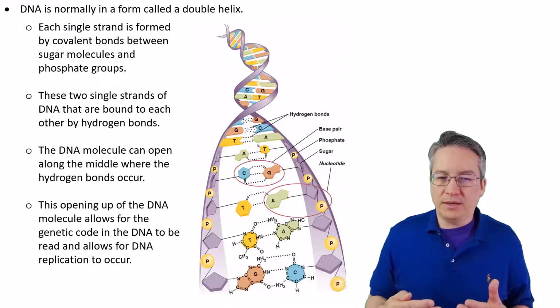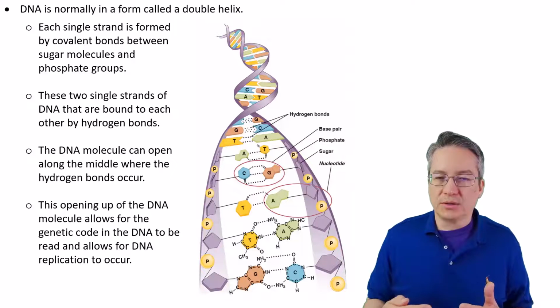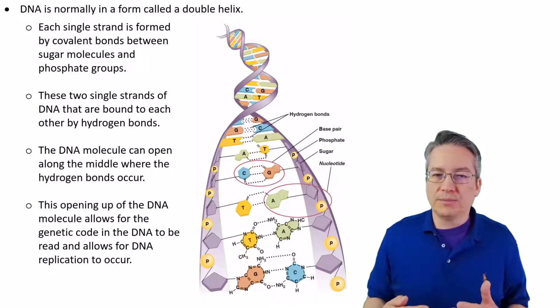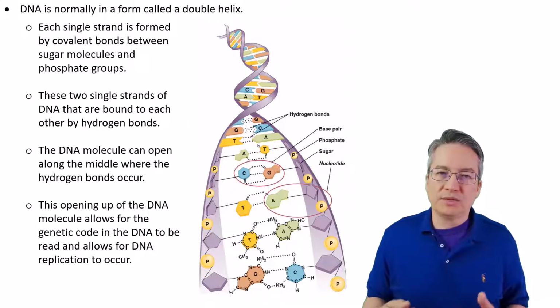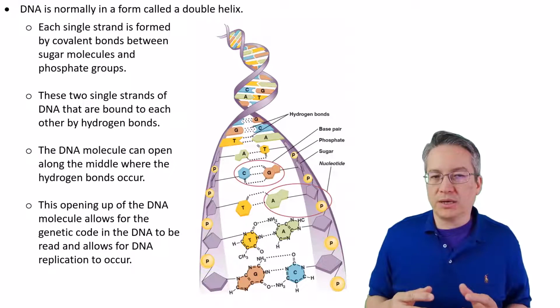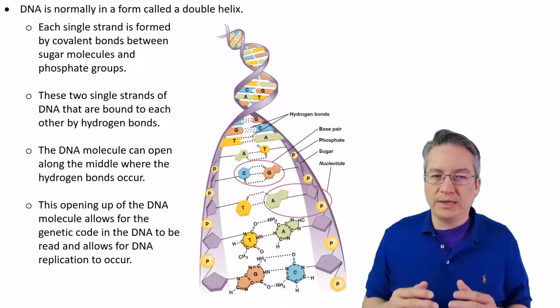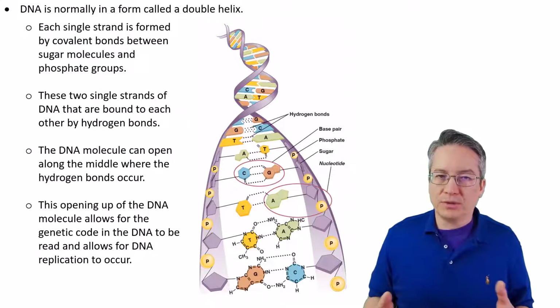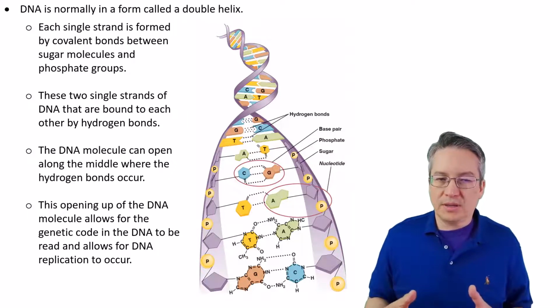And in the middle of this molecule, the bonds are not covalent bonds; they're hydrogen bonds, which, as we've discussed previously, are weaker bonds than covalent bonds. This means that because these bonds are weak, the DNA can open up in the middle where the hydrogen bonding occurs. And this opening up of the DNA allows for the genetic code in the DNA to be read and allows for DNA replication to occur.